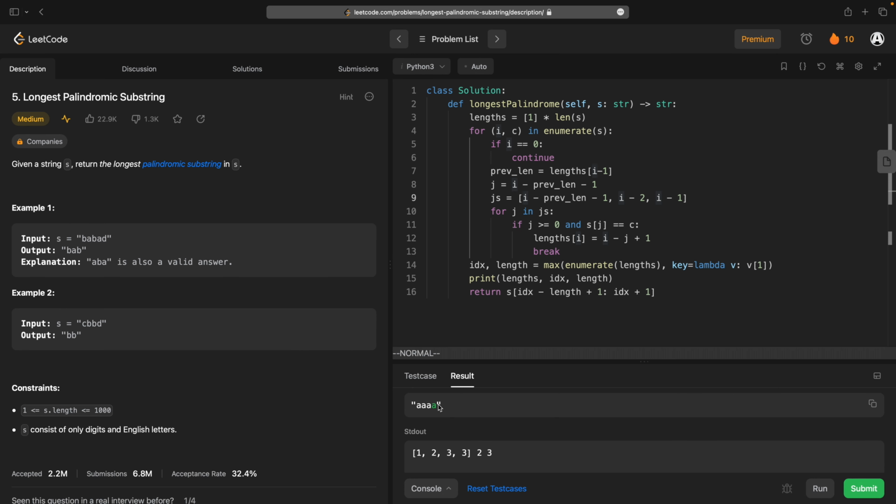Maybe I don't want to store the maximum palindrome at a particular location. I want to store all palindromes at a particular location.